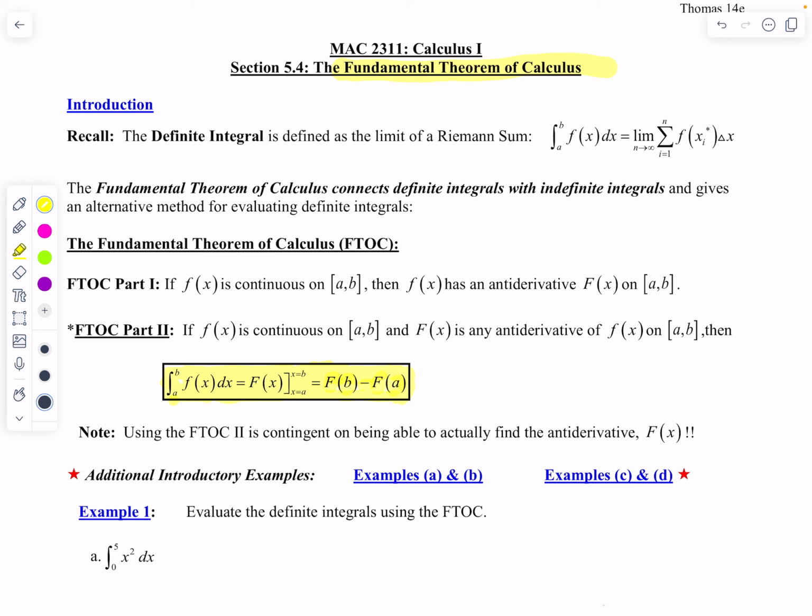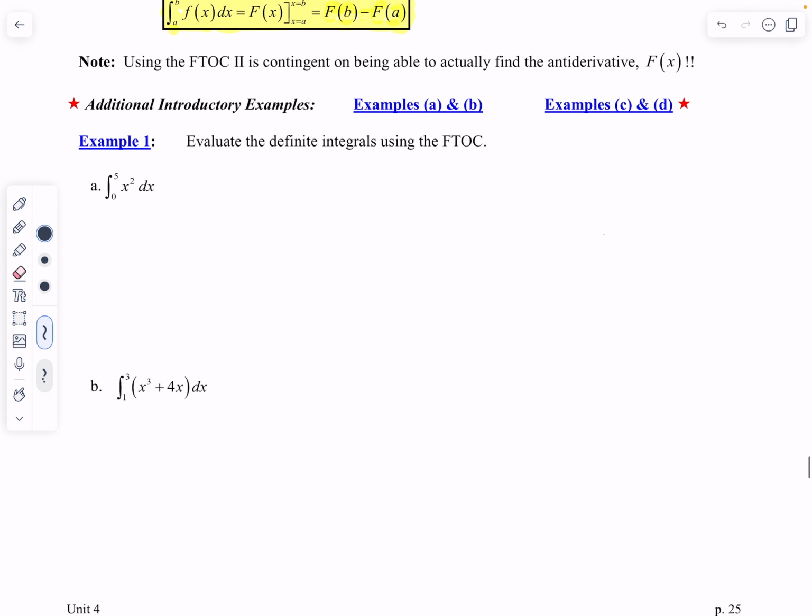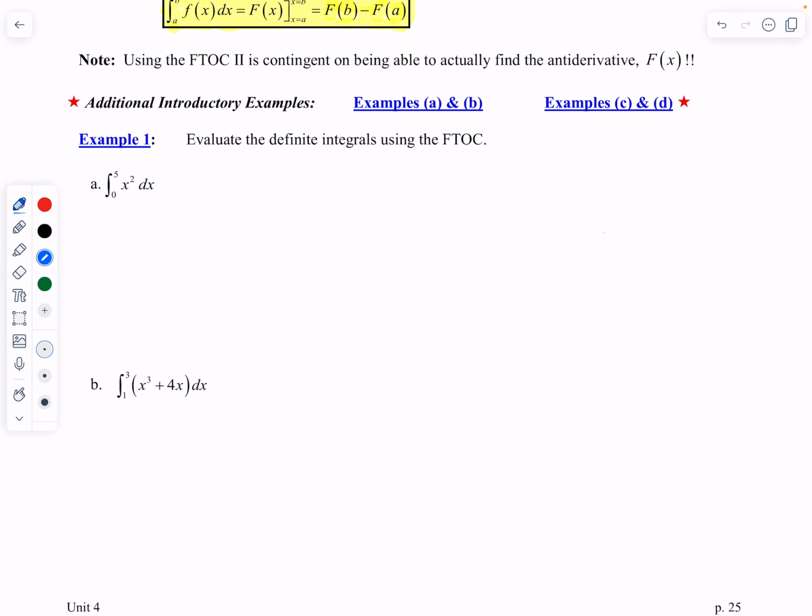Okay, so let's go ahead and look at example number 1, which says, evaluate the definite integral using the fundamental theorem of calculus. So we're going to integrate from 0 to 5 x squared dx. If I use the fundamental theorem of calculus, first of all, I need to take the integral.